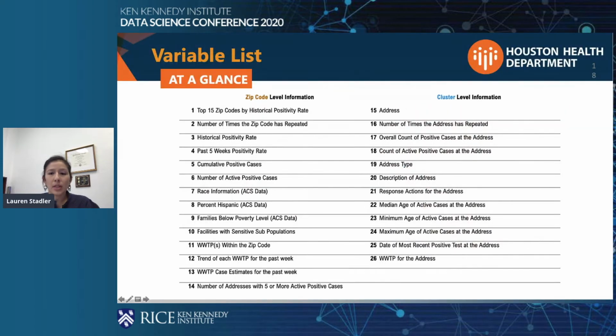This information each week is sent to the health department, and the trend and the magnitude of the wastewater viral load and the estimate of the number of individuals in each treatment plant service area is used to prioritize areas of the city for targeted response actions. This is a list of the different variables that the health department uses to make decisions and prioritize the top 15 zip codes for which they're going to send strike teams.